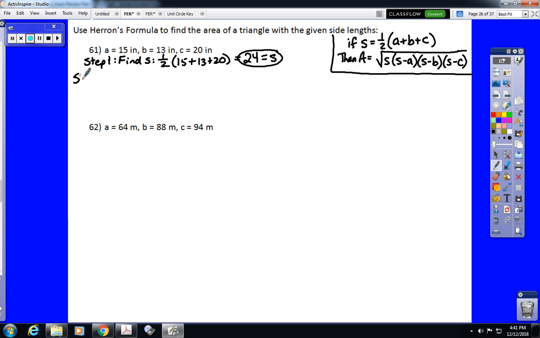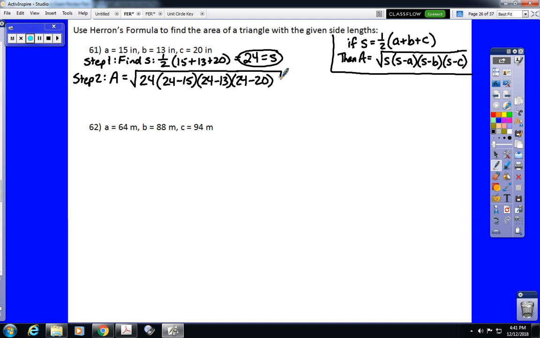Then we find the area. So step 2 is the area, which is the square root of S, which is 24, times S minus A, 24 minus 15, times S minus B, times S minus C. And we just feed that to the calculator, exactly like that.